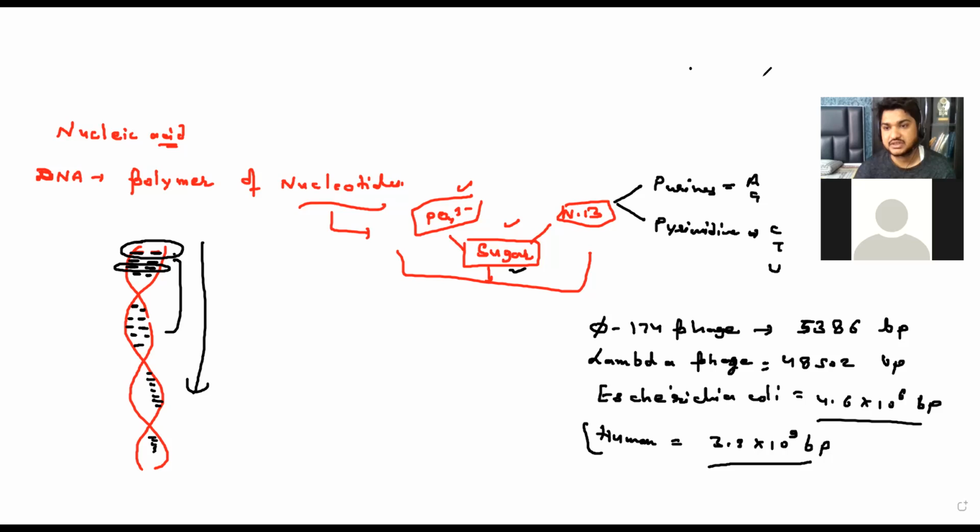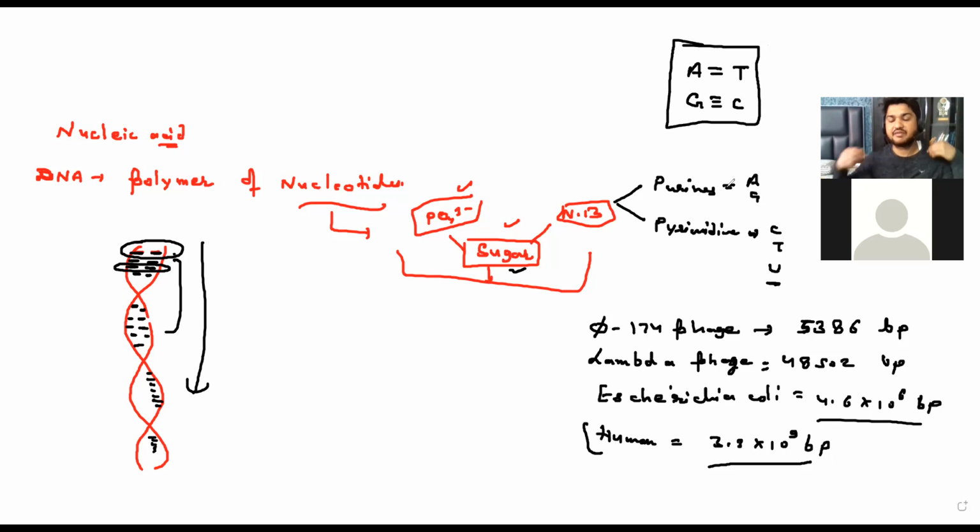There was a scientist, Erwin Chargaff. Erwin Chargaff says that adenine always forms two hydrogen bonds with thymine, and thymine also forms hydrogen bonds with adenine. In the same way, guanine forms three hydrogen bonds with cytosine, and cytosine also with guanine. Uracil is formed in the mRNA. This is basically for DNA.